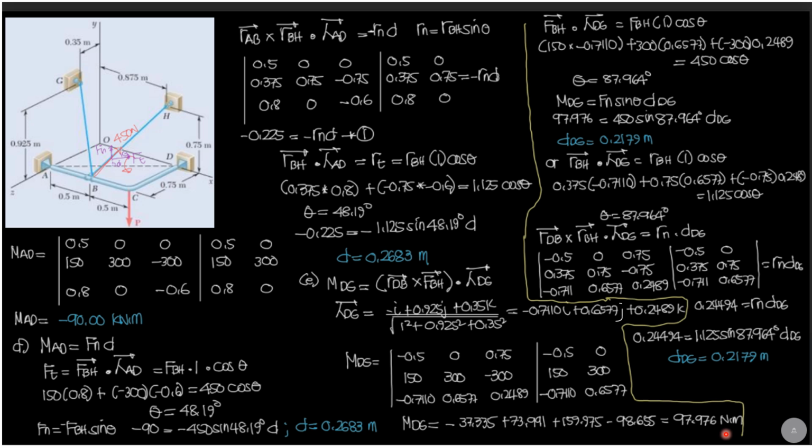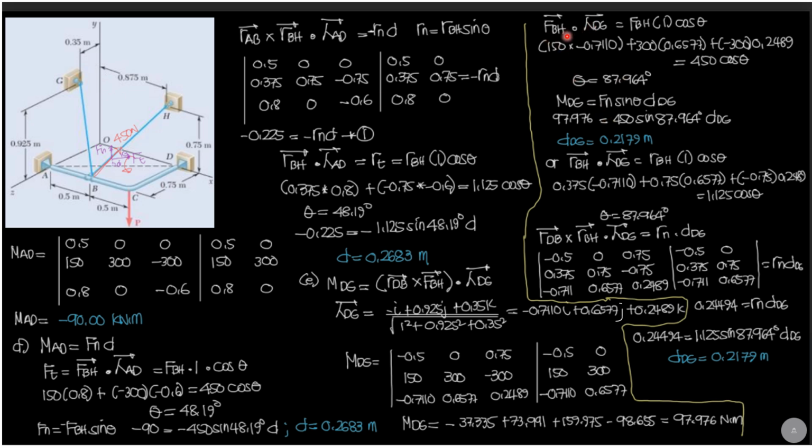So we then compute the component of the force along axis DG, that's the tangential component, and we want the angle between them. I'll just call it theta, not the theta in the preceding case, but for this new case, the angle between the 450 newton force and the axis DG.